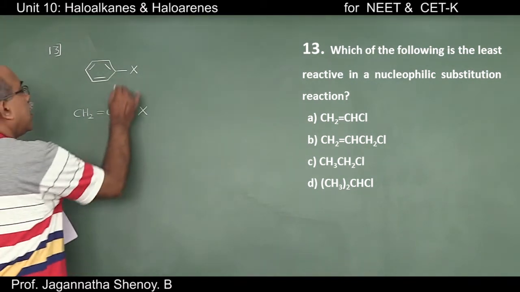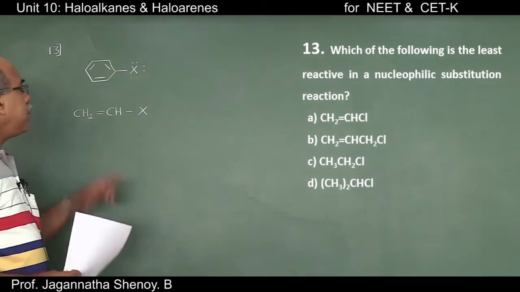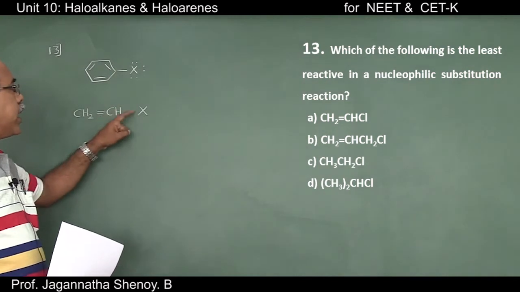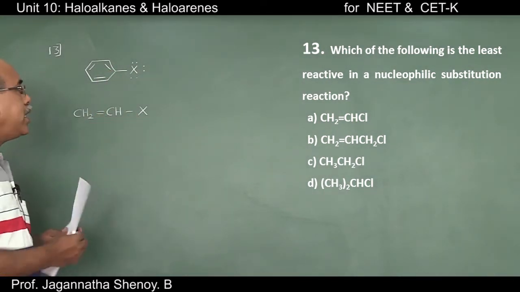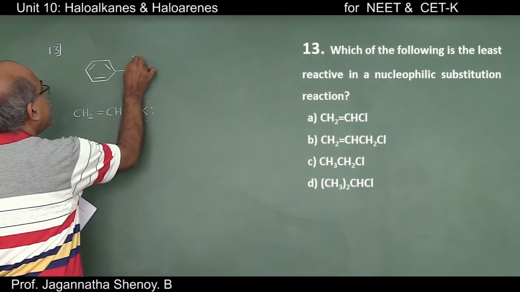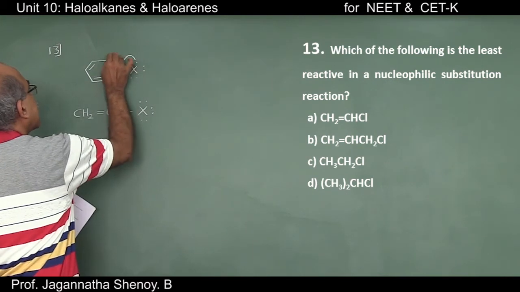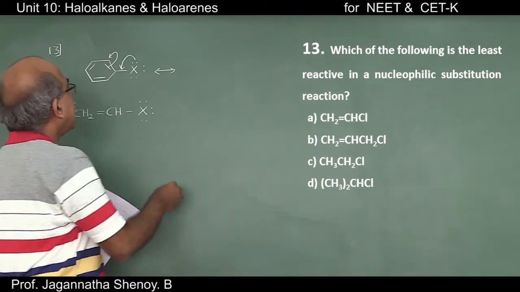What is the reason? You have already come across this. The carbon halogen bond in case of aryl halide and vinyl halide has a partial double bond character due to resonance. I can go on writing the resonating structures like this.